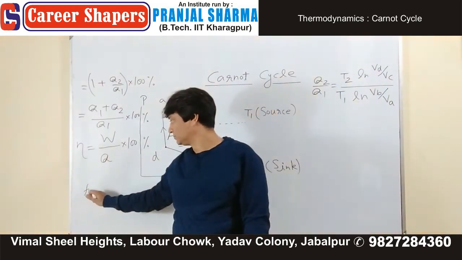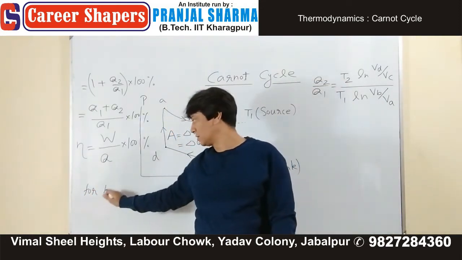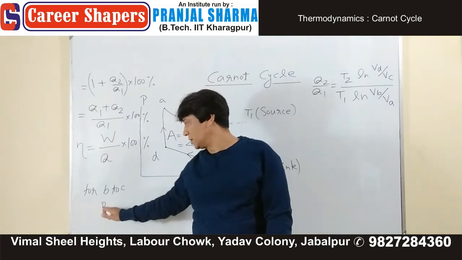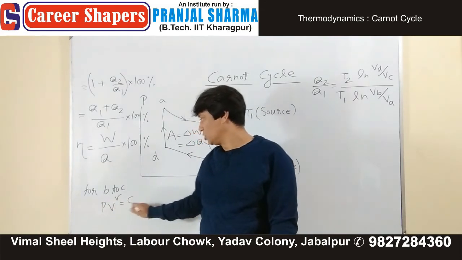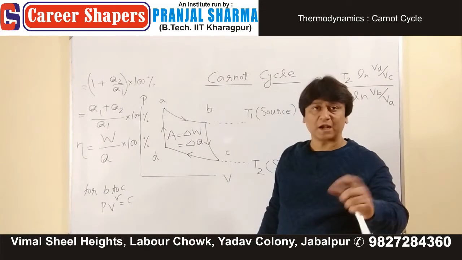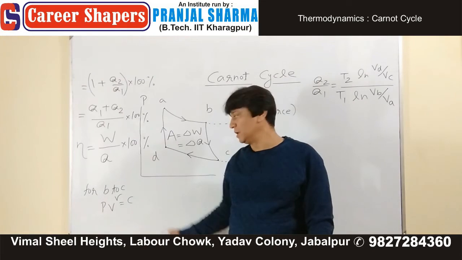For the B to C part, I'll be fast. PV gamma, you remember, is constant. So I told you to remember a relation between one of the sets. This is the standard one, PV gamma.